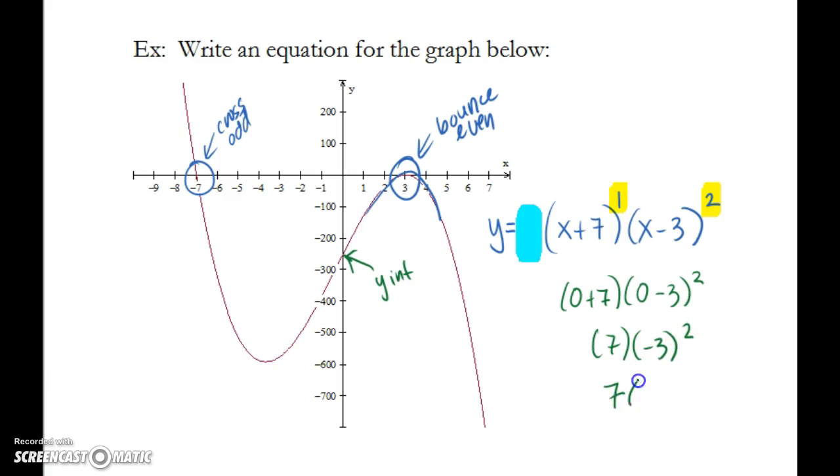So I get 7 times 9, which is 63. Well, the y-intercept doesn't look like 63 there. So the question is, what number do we have to multiply by in front to 63 to get this negative integer here?